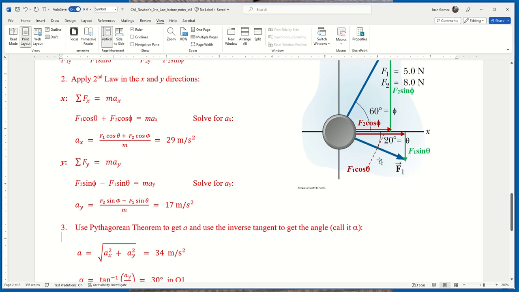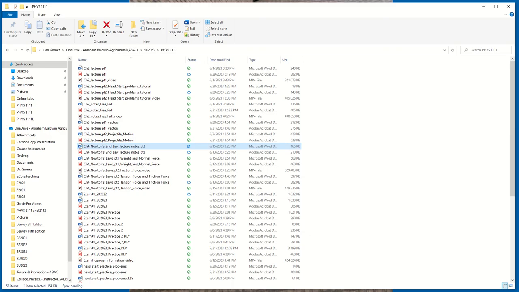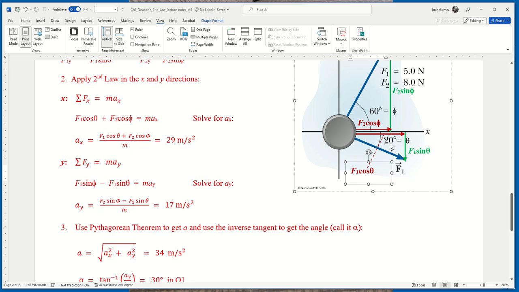See the dotted line, that F1 cosine theta, that's this red vector right here. And that's going to be F1 cosine theta. But again, don't overthink it.